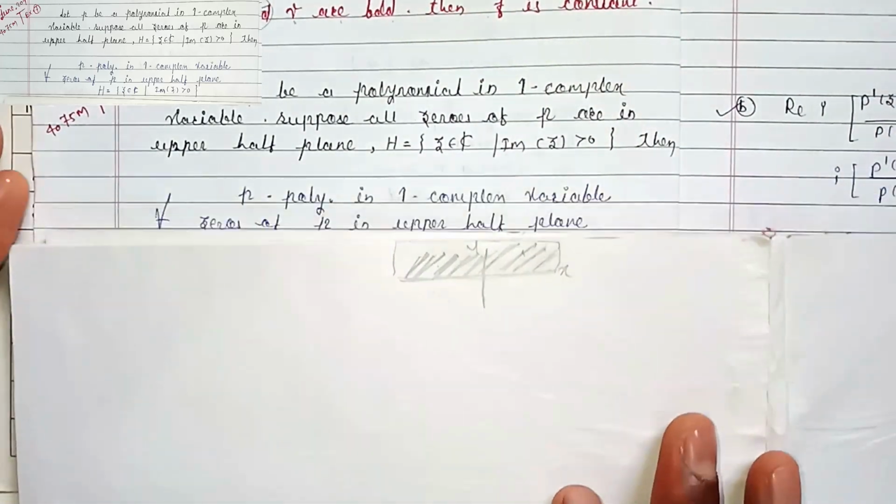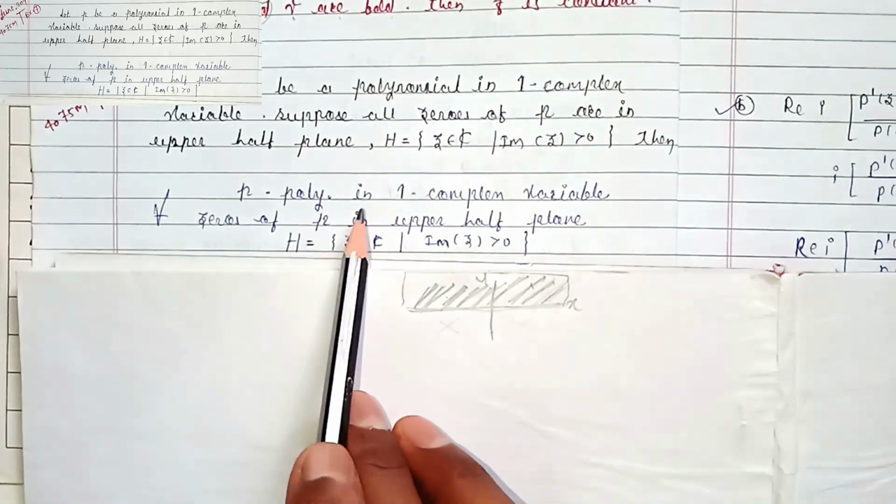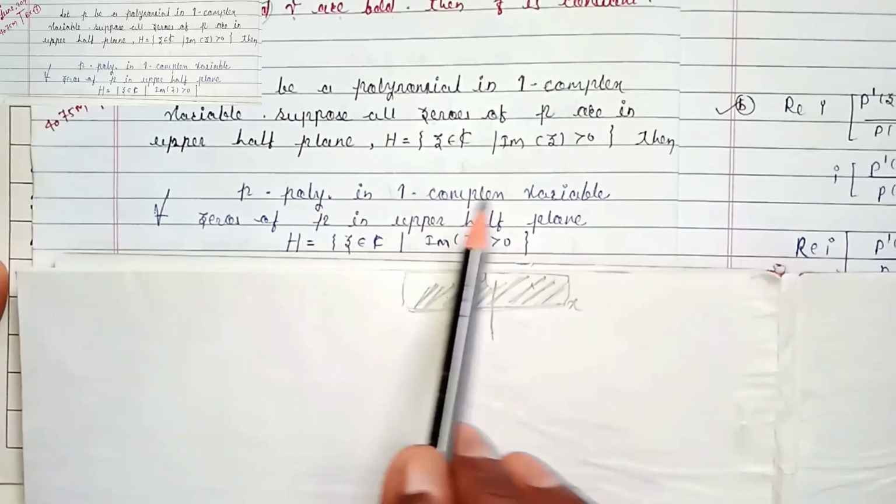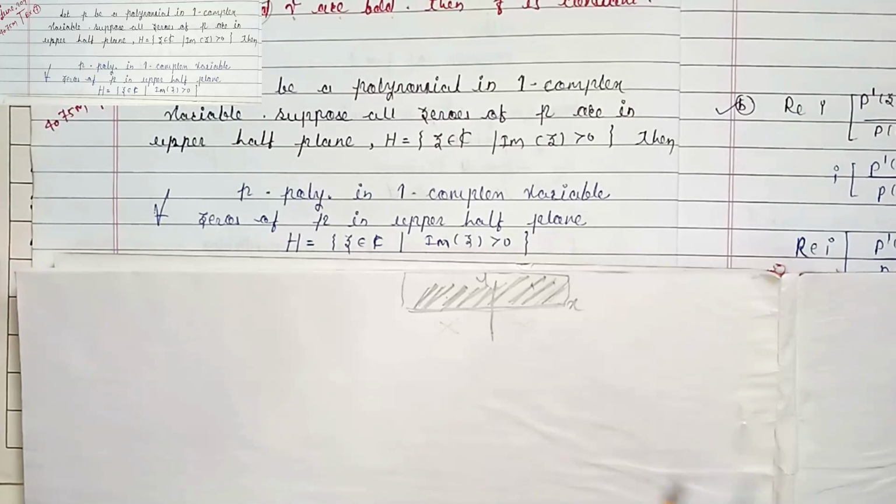Now here we have given P is a polynomial in one complex variable. What is meant by one complex variable? Most students don't know how to create a polynomial in one complex variable, because in order to prove our options wrong, at that time we have to consider some counterexample.